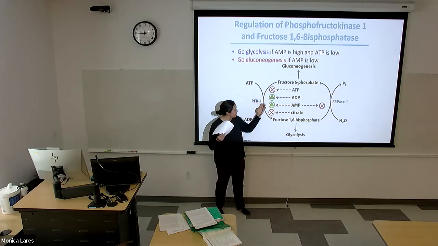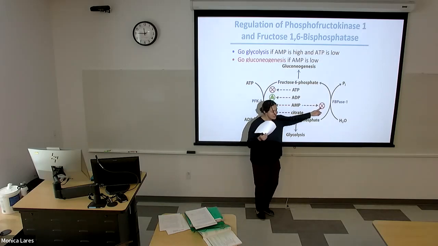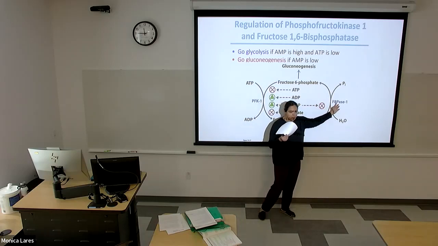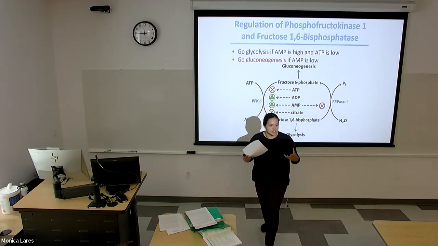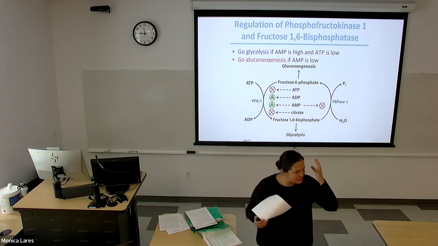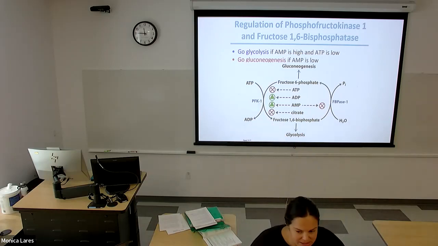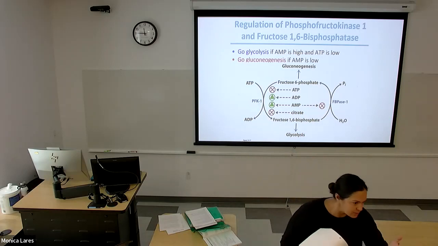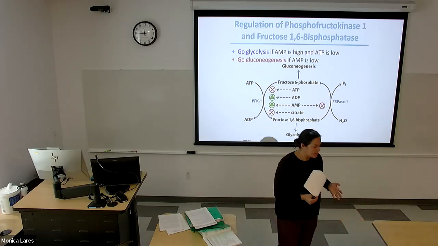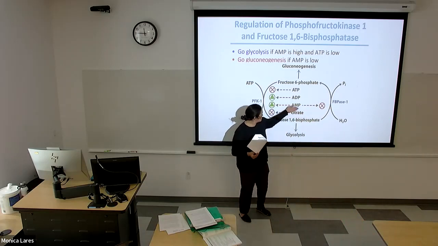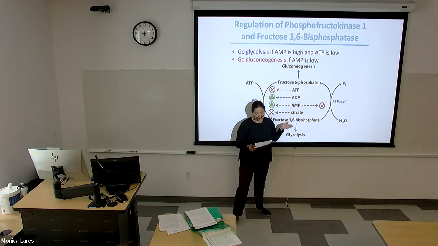Glycolysis produces ATP. And I need to inhibit enzymes that are part of pathways that demand energy. Remember we said gluconeogenesis was very expensive. We don't produce ATP in that process. We use up ATP and we get glucose. That's what we get, which is important. Okay. But that's the thought process here. That's important.